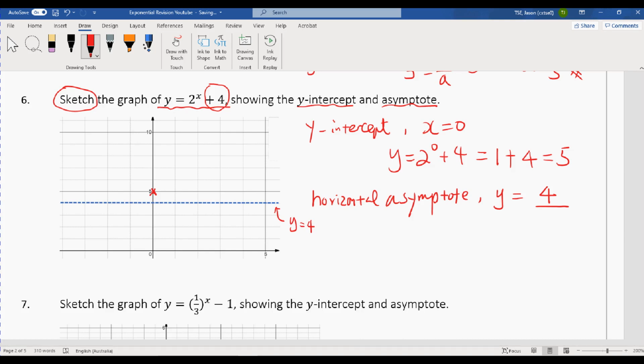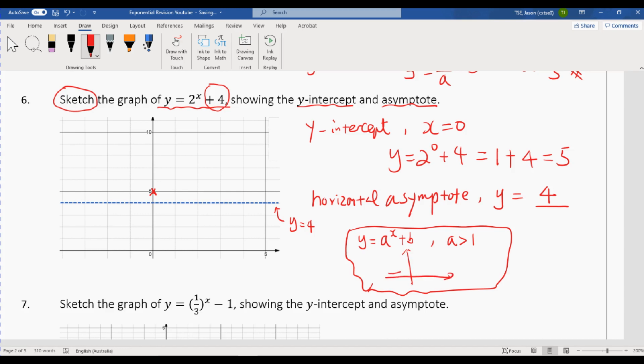How can we sketch the graph? So you know that 2 is greater than 1, right? If you have y equals a to the power x plus something, if a is greater than 1, then the curve is always rising.